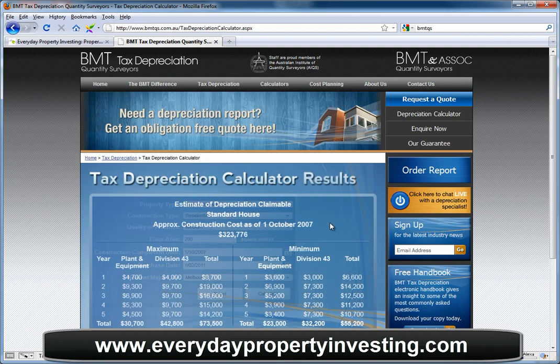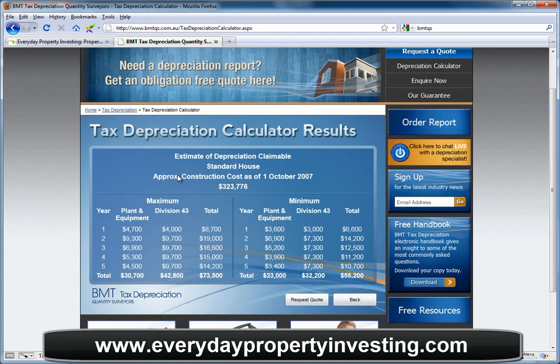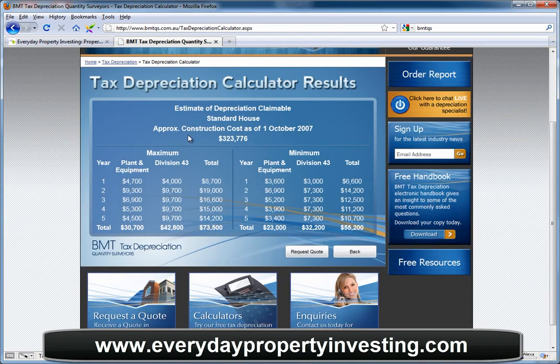Calculate that, and it gives me a little table of the estimated depreciation. Most people will know that there are different ways of claiming depreciation, but this will just give you a minimum and a maximum level. It gives you the plant and equipment and the Division 43 total amounts.